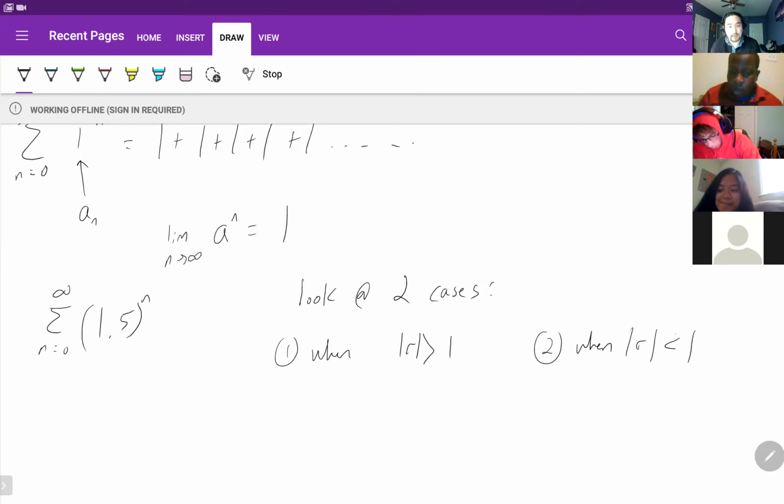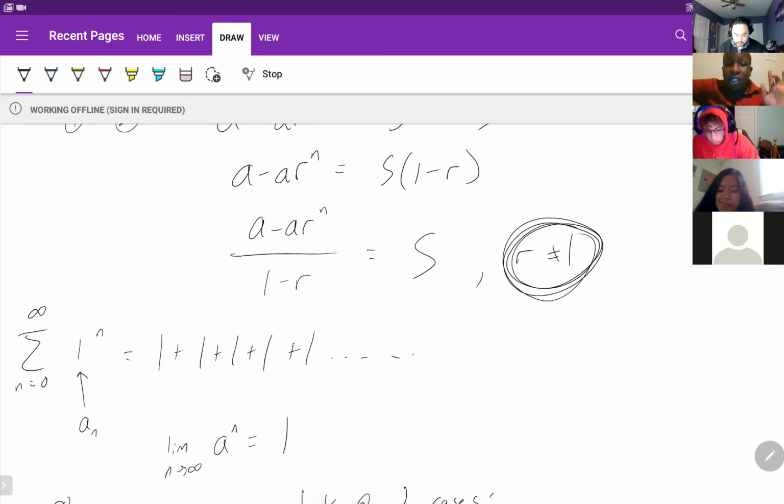This is what I'm saying, right? Because when it's 1, we know it diverges, so we don't really care about that case. But when it's greater than 1, Lamech just said it's actually divergent. When the absolute value of R is less than 1, or when R is in between 0 and 1, let's go back to our equation here.